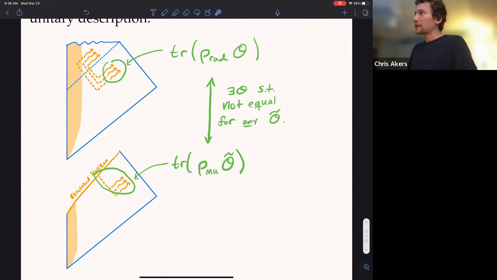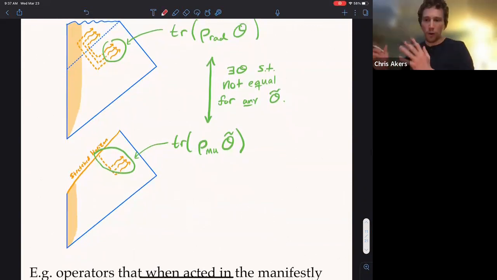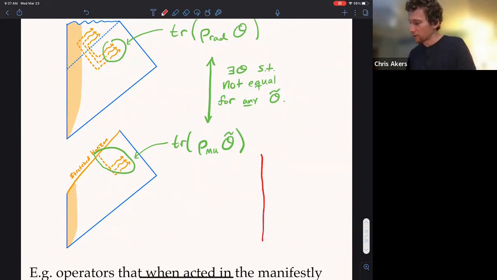I think that's reasonable, because I could have said all these same words about, say, instead of stretched horizon plus radiation, an SYK system and some reservoir that it's coupled to, if that makes sense.